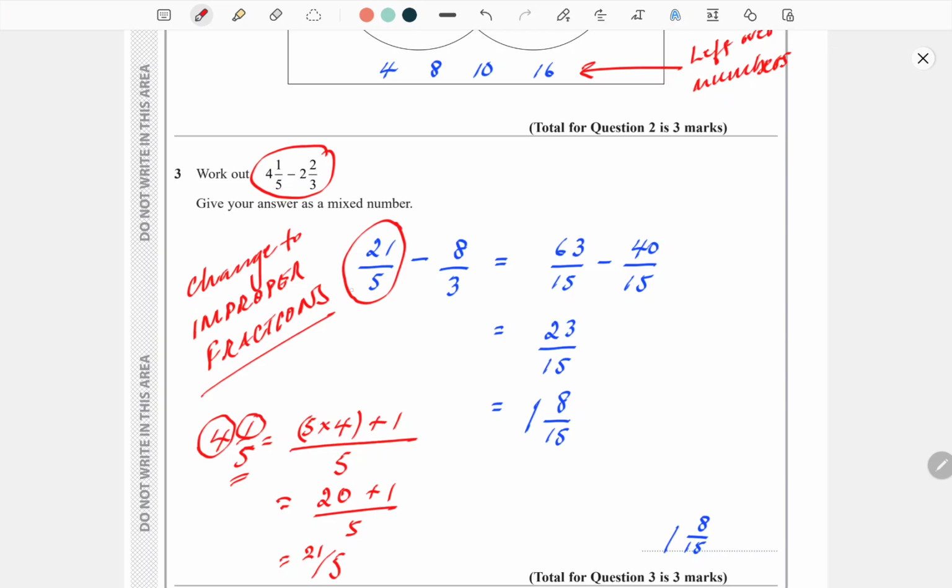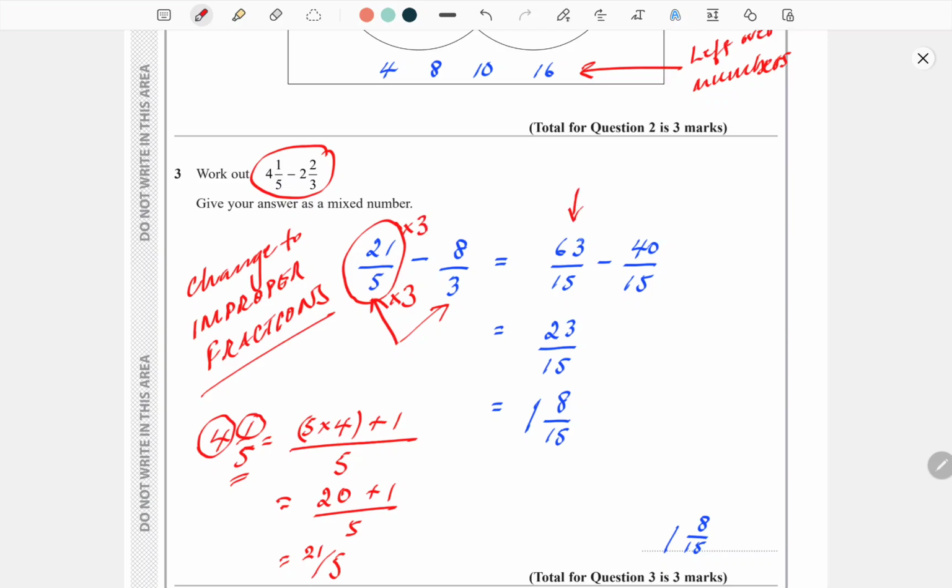Right, moving on. How do we actually do the subtraction here? Okay. As always, you want to get the denominators to a common denominator. In this case, it's simple. It's 5 and 3. Just use 15. So I need to multiply the 5 by 3. Whatever I do to the denominator, I must do to the numerator, i.e. the number on top. So multiply that by 3 as well.